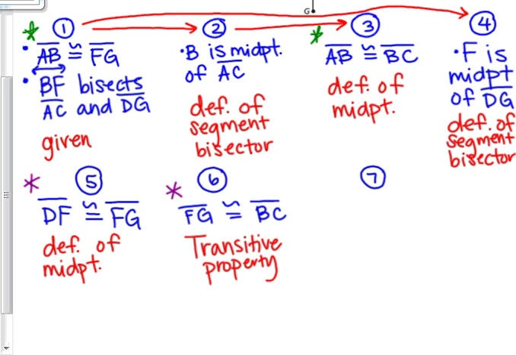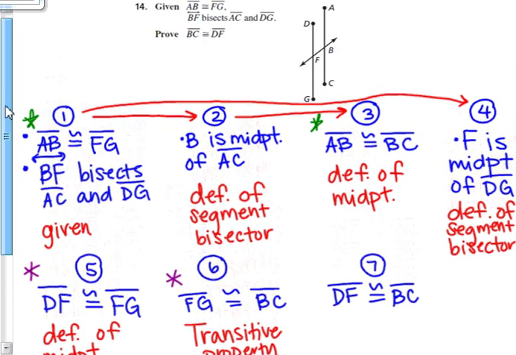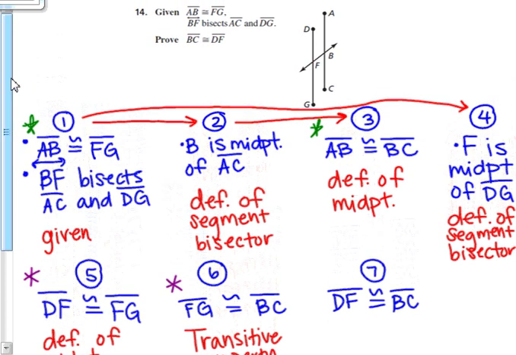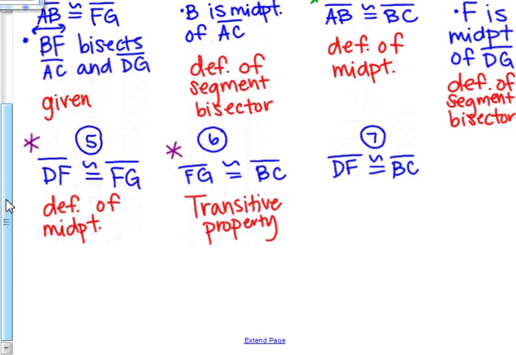So if DF and FG are the same, and FG and BC are the same, I can finally say that segment DF is congruent to segment BC. That's what I was trying to prove in the beginning. It said that I needed to prove that BC was congruent to DF, and I just did that. So the reason here would be the transitive property.